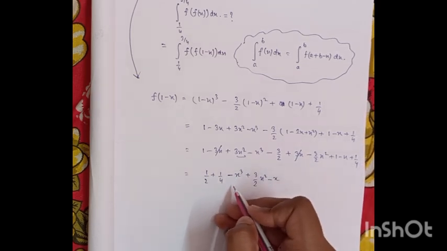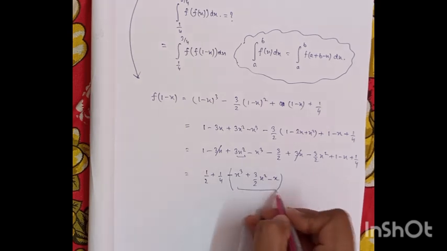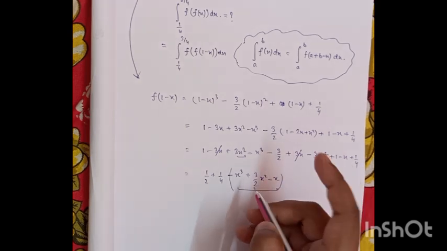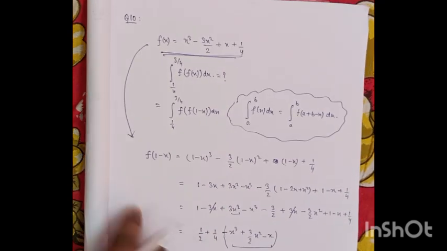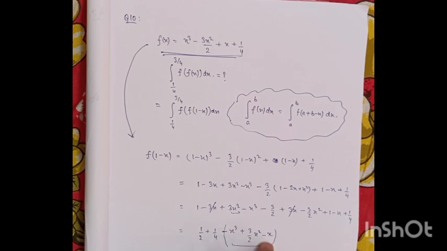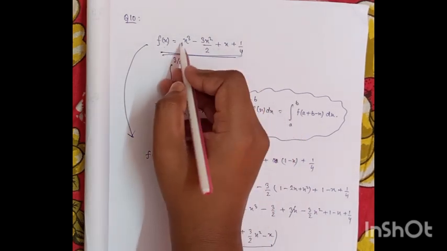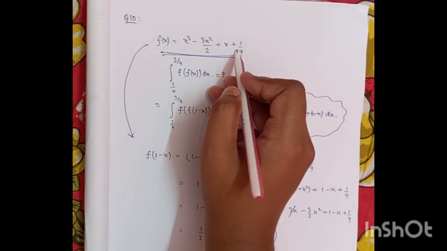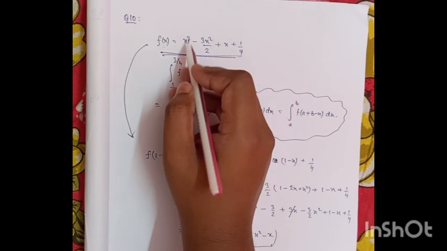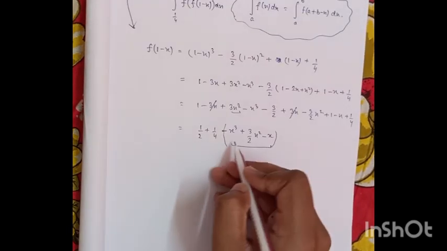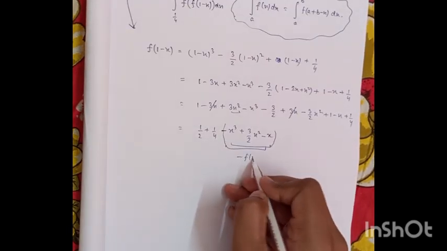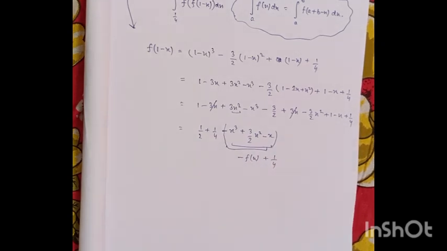Now as we can see, this part definitely gives us the feeling of our f(x), which is the negative of this term, negative of f(x), and plus 1 over 4. So this term is basically negative of f(x) plus 1 over 4.